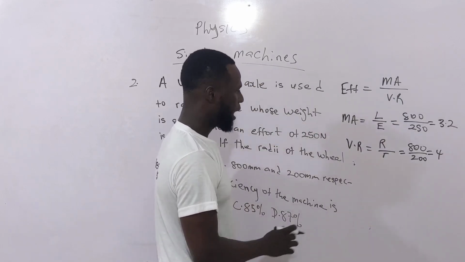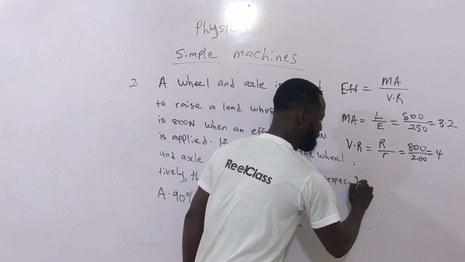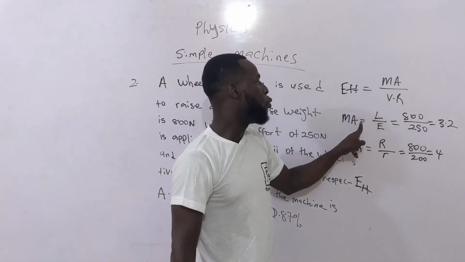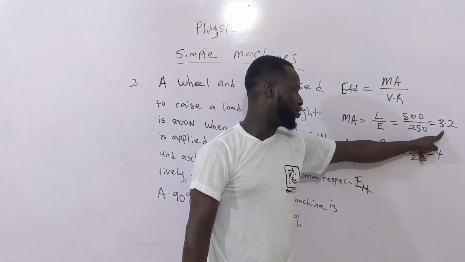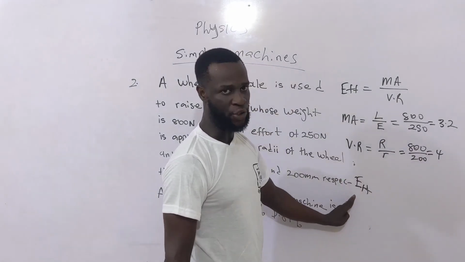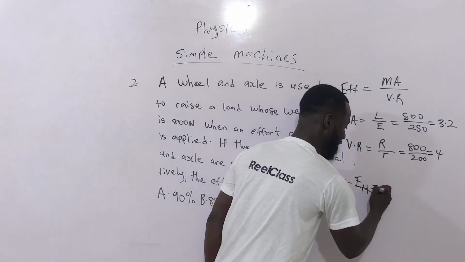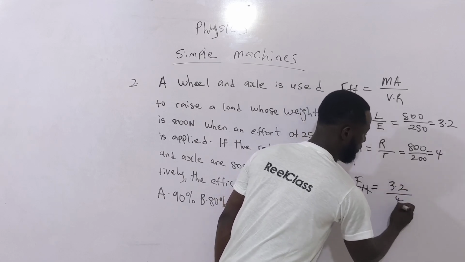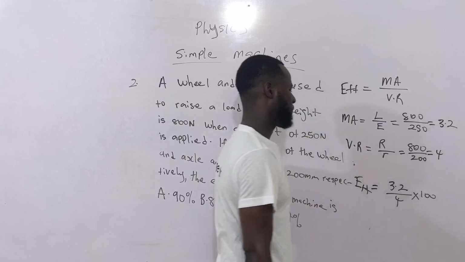Now, I would say efficiency, which is of course mechanical advantage over velocity ratio. We know our MA, 3.2. We know our velocity ratio, 4. Plug everything into this. I'm going to have efficiency is equal to 3.2 divided by 4 all times 100.